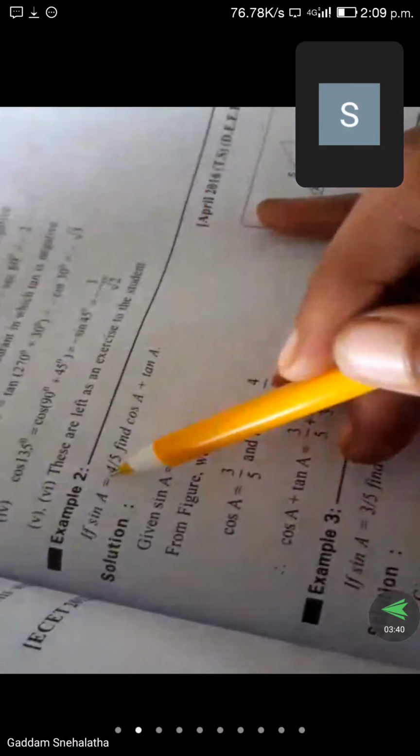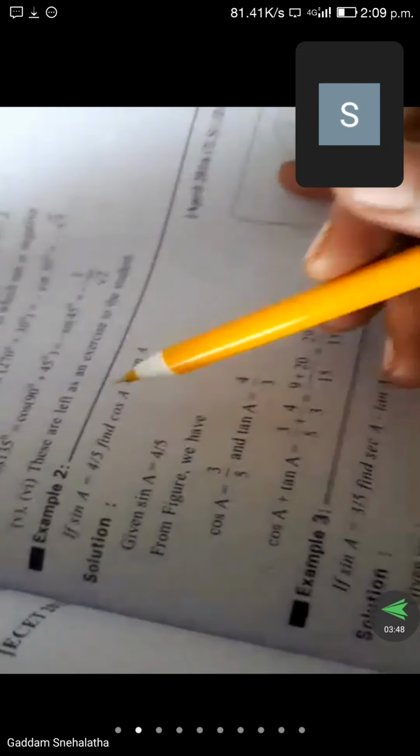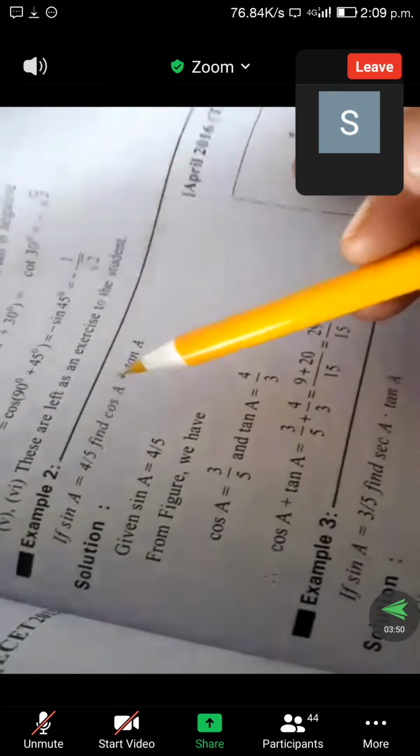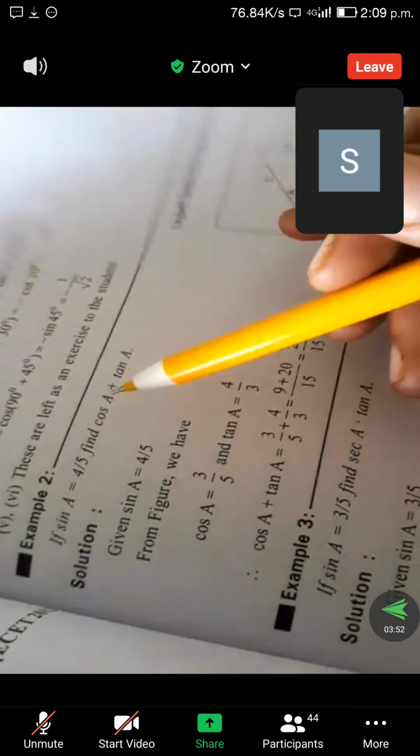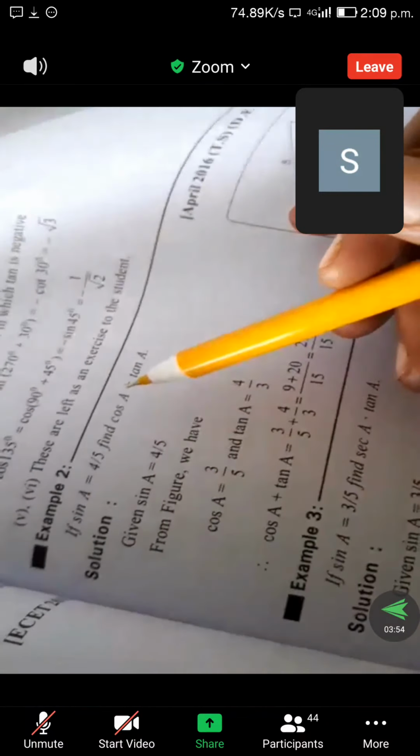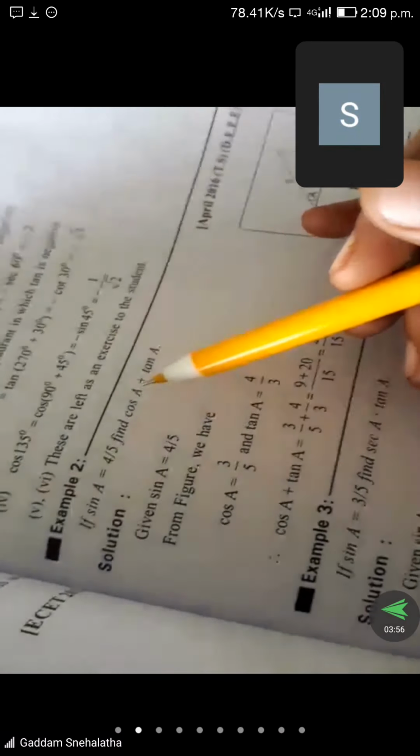So, he is given sine A value 4 by 5, and we want to find cos A plus tan A. So, what is sine A? Opposite by hypotenuse. Then what is cos A? Adjacent by hypotenuse.